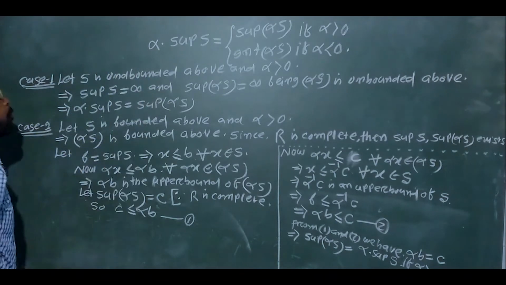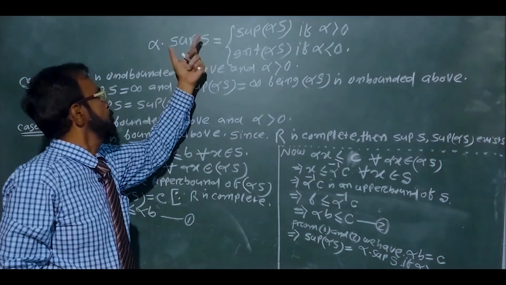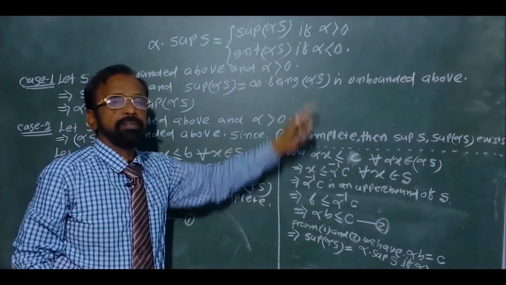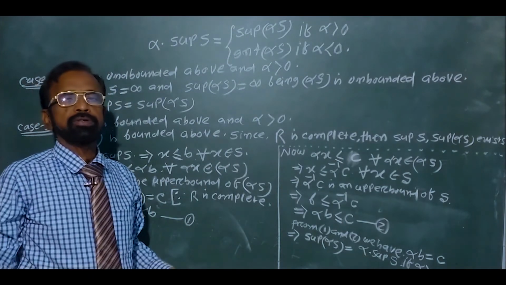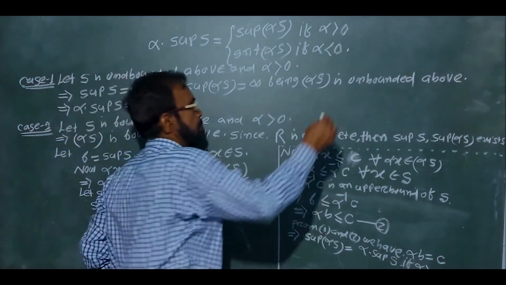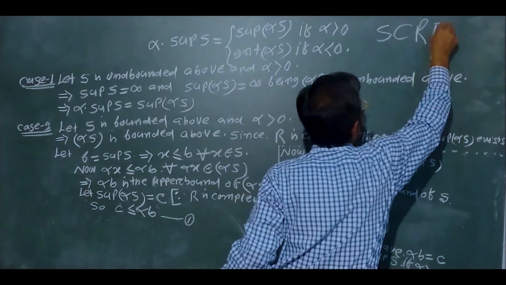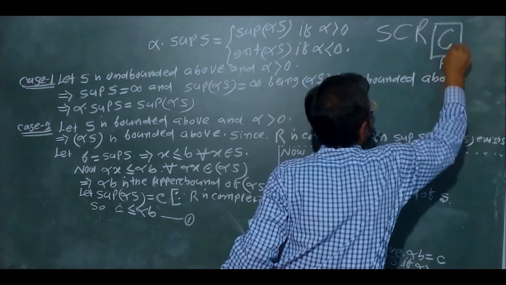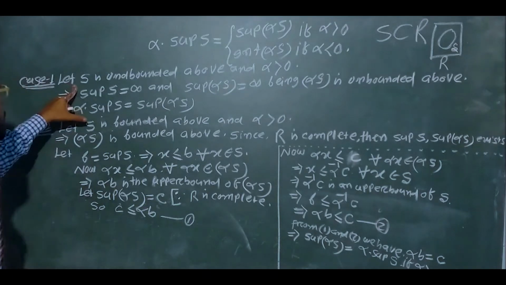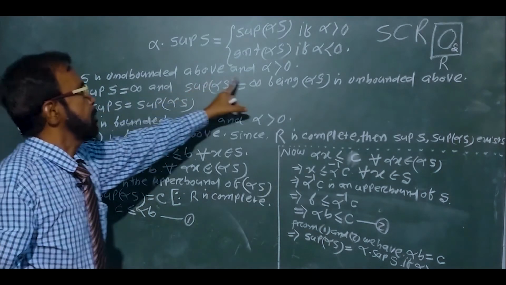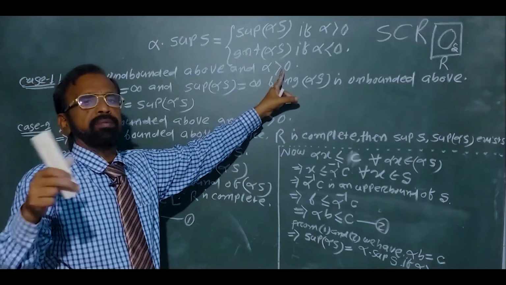Now alpha times supremum of S equals supremum of alpha S if alpha is greater than 0. Alpha times supremum of S equals infimum of alpha S if alpha is less than 0. Where alpha is any real number and S is always a subset of the set of real numbers. That means S is a subset of R. In a Venn diagram, this is alpha, this is R, and this is S. Let alpha be greater than 0, and the set may be bounded above or unbounded above.